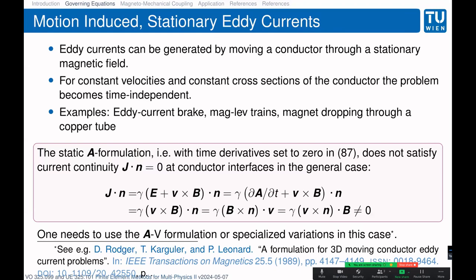Then B can be arbitrary, and this still says 0, so this is fine. But in 3D, one has to be very careful that the pure A formulation is not correct. In fact, there is a family of AV formulations that are possible for this problem. One example I've given here in the reference, it's already a rather old paper, but still, I hope, valid.